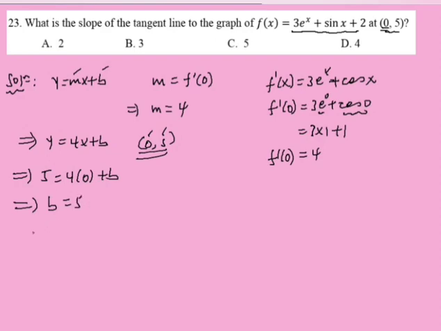Okay, so our line will be y equals 4x plus b. Actually here we are asking for the slope of the line, so there is no need to determine this line. We are asking only the slope. Therefore, the slope is 4.